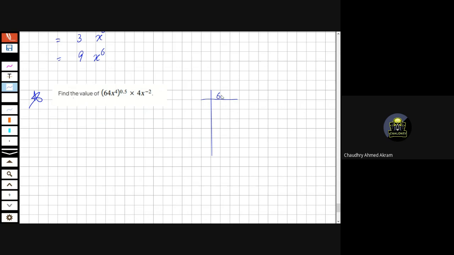4 cubed. Yes, we can write it as 4 cubed, but I'm finding it using the smallest prime numbers, and 4 is obviously not a prime number. 2 times 32, 2 times 16, 2 times 8, 2 times 4, 2 times 2, and 2 times 1.